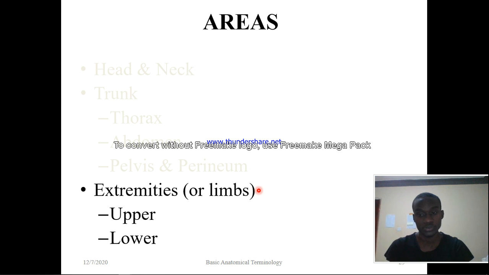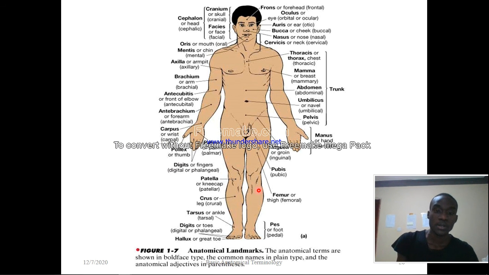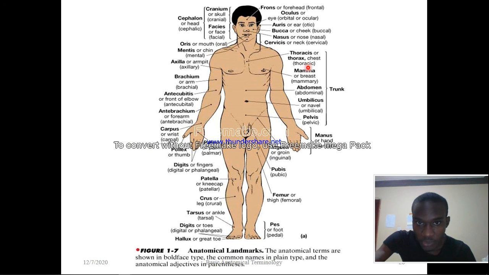These are the areas we are talking about: the trunk around here, the collarbone and the shoulder blades, and then going towards the pelvic region.